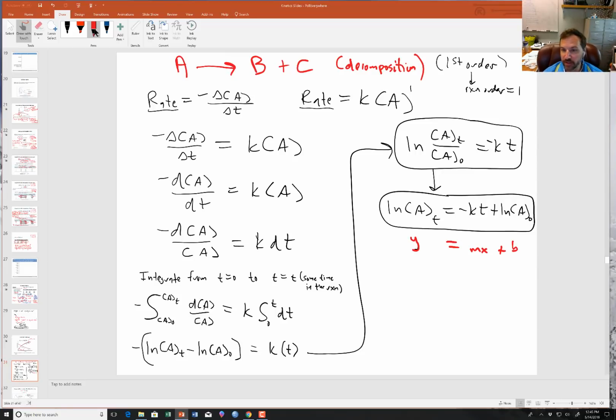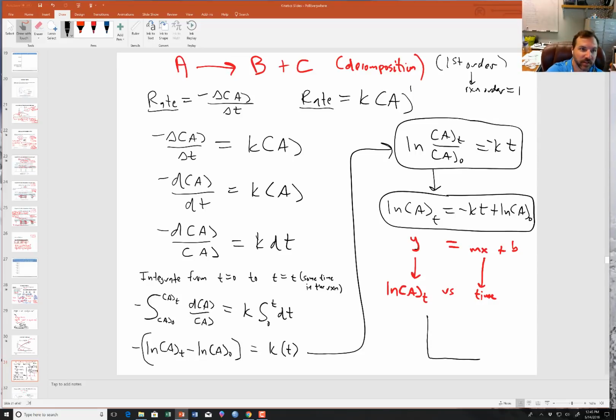So if we plot the concentration of our reactant at any time t versus time, well, to be more specific, we're going to plot natural log of concentration versus time. We should then get a linear plot. So it should look something like this.